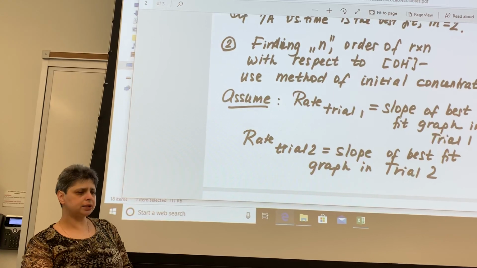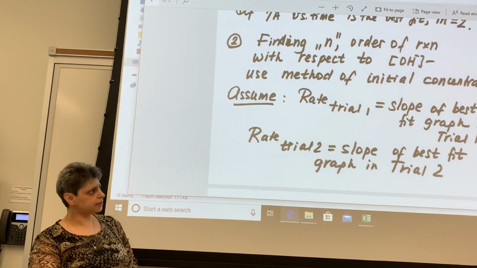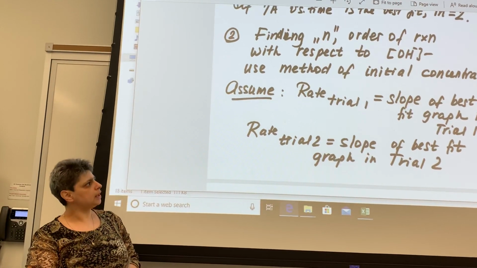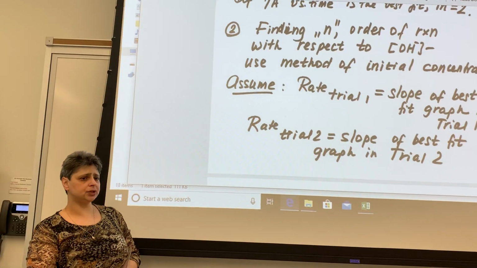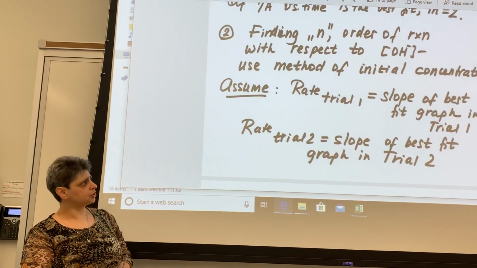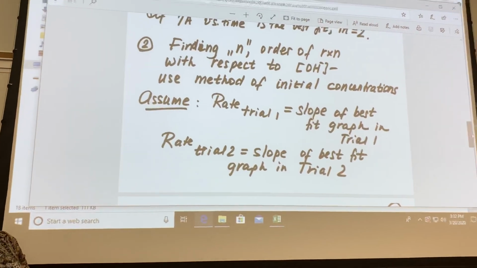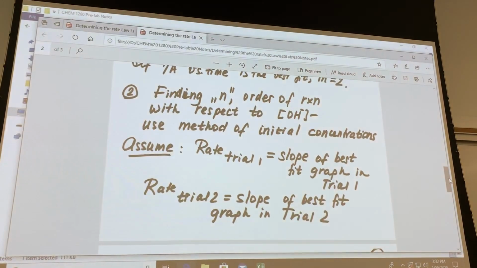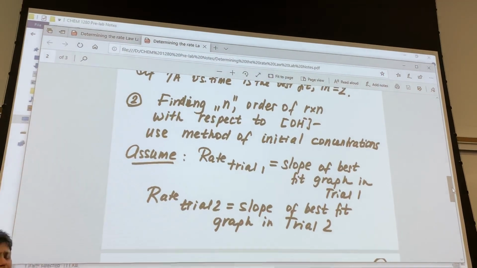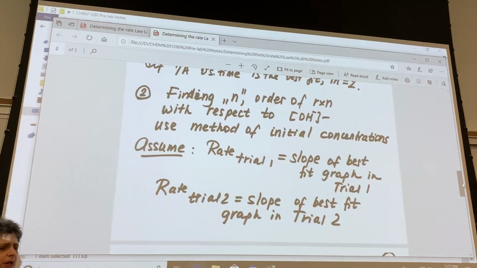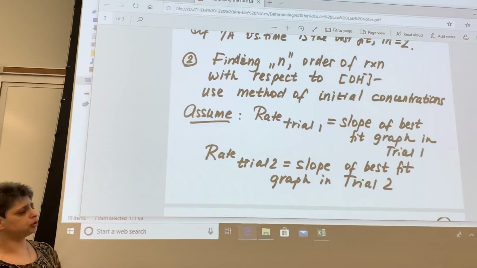So in our case, we're going to run 2 trials, and you're going to get 2 files, one for each trial. The difference between trials is the concentration of hydroxide. The concentration of the dye is going to be the same for both trials. I will provide a procedure on Canvas. I'll post the procedure that you would be using.